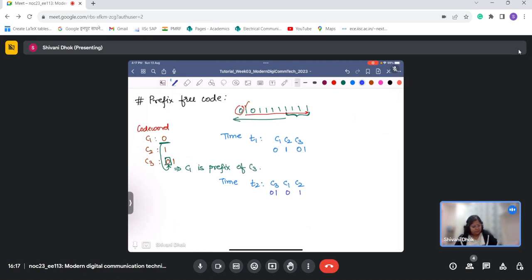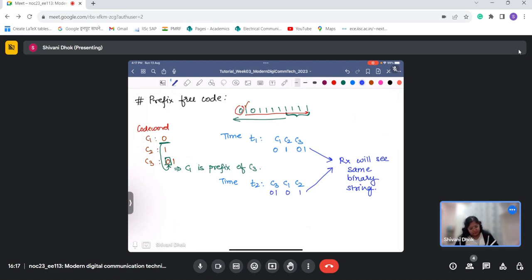Now in both of these cases, the receiver will see the same binary string. So how will the receiver be able to decide whether I am transmitting C1, C2, C3 or C3, C1, C2?